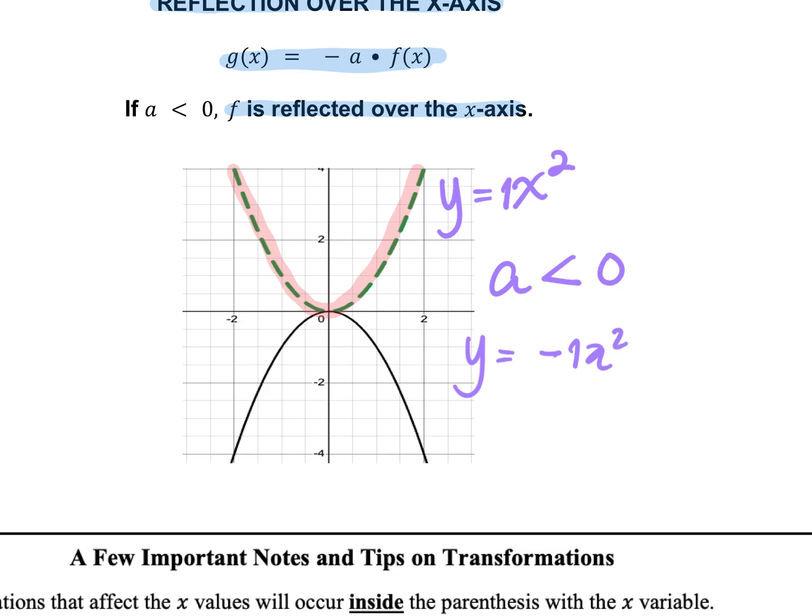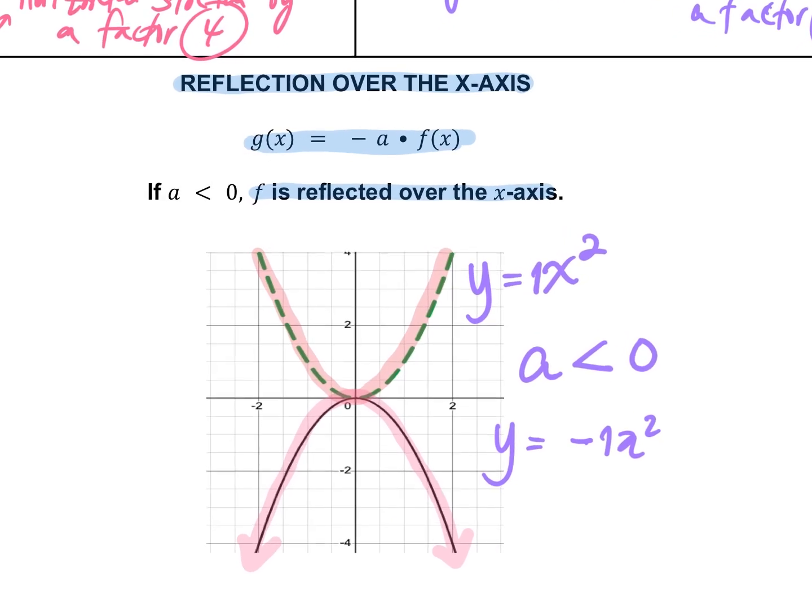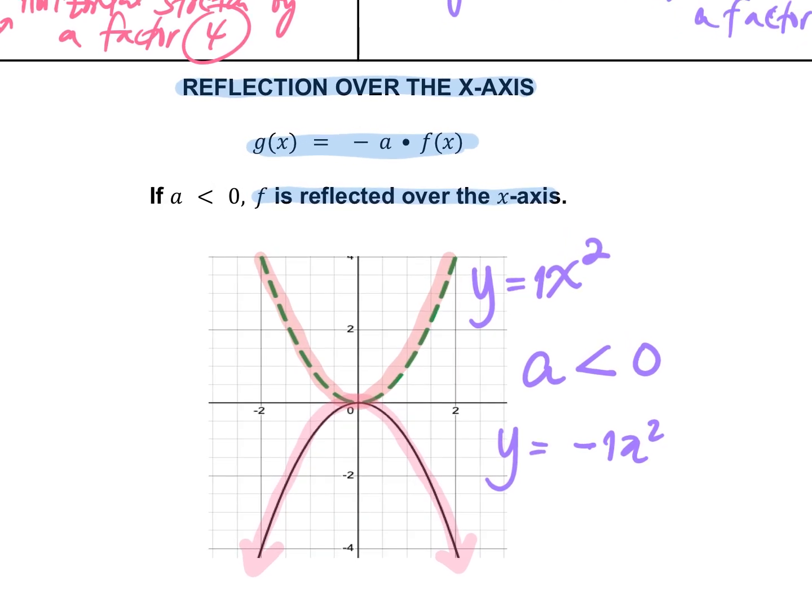We always write it without the 1 in front. Then what will happen to the graph is that it's going to reflect over the x-axis, and it's going to look this way. This is going to be the only reflection that we can have when we talk about quadratic functions.